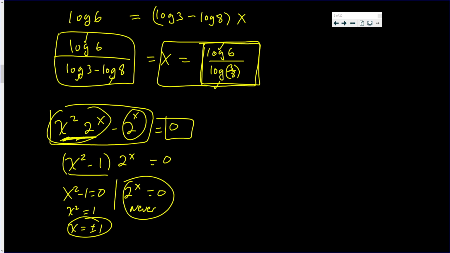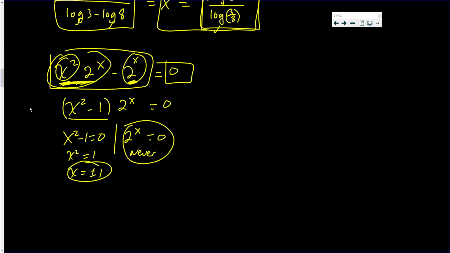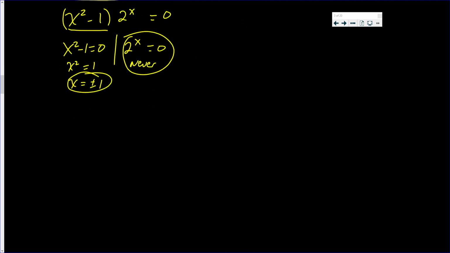And 1 times 2 to the x is 2 to the x. And then if you take away 2 to the x, you'll have 0. If this is 1, then yeah, that's going to be 0. 1 times 2 to the x minus 2 to the x is 0. Okay, 2 to the x itself will never be 0.